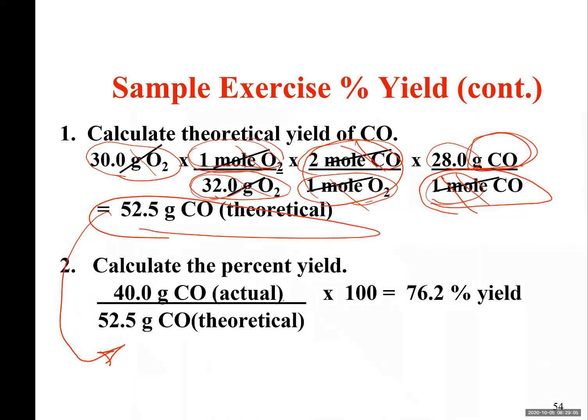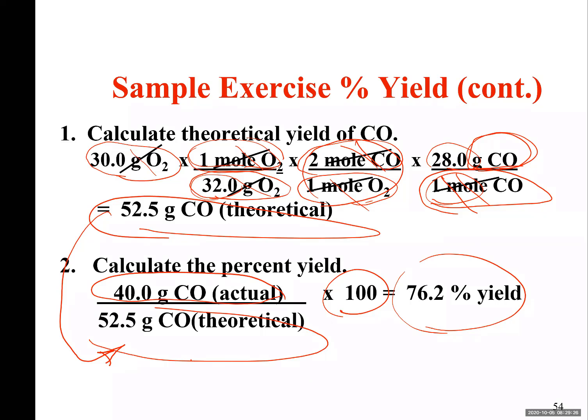And then write what the actual experimental results are on the top. Divide them together times 100. The yield, the amount of productivity, is 76.2% of your expectation, of your calculated amount, of your theoretical amount.